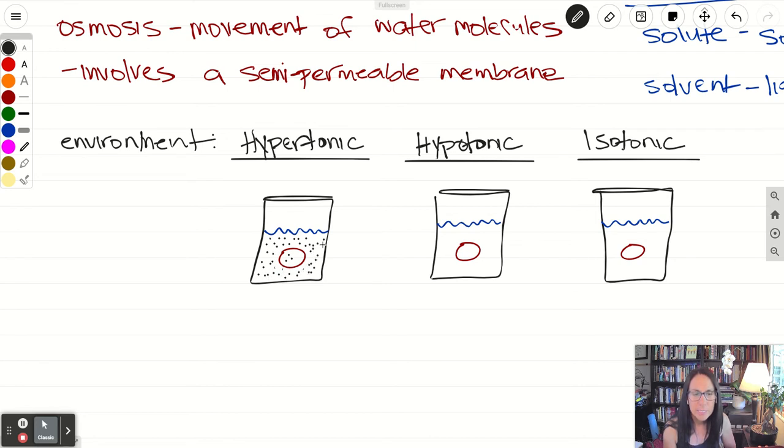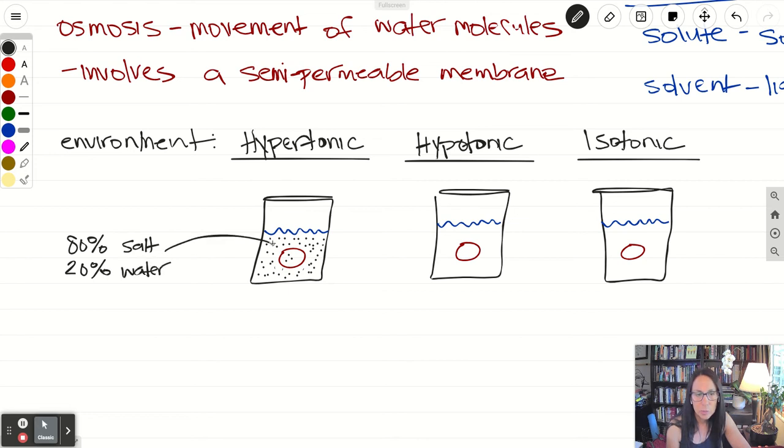Okay, so in this situation, I'm just going to give you some numbers. I'm making this up, but let's say there is 80% salt in the solution. Okay, this is for a hypertonic solution. And so what that means is then there's only 20% water.